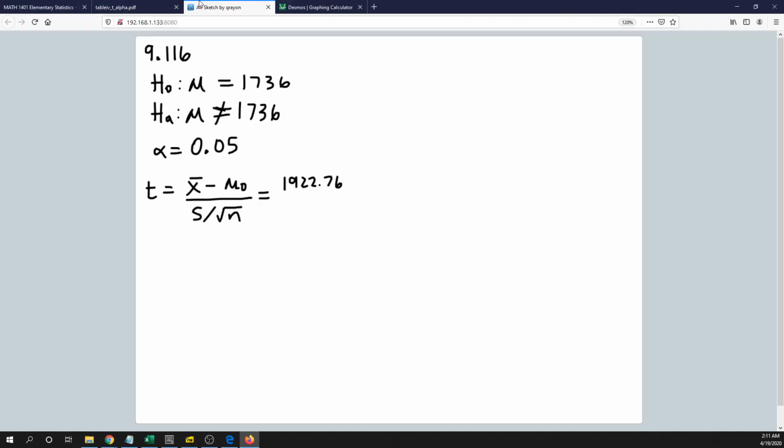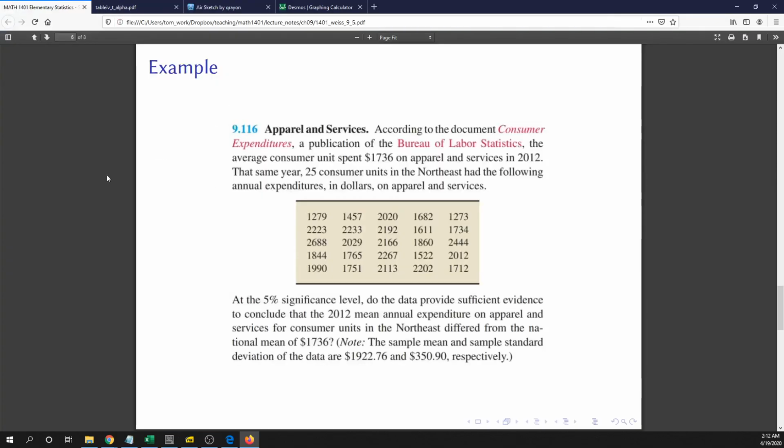Mu naught is going to be this number that's here with the null and alternative hypothesis. s is our sample standard deviation, so that is $350.90.